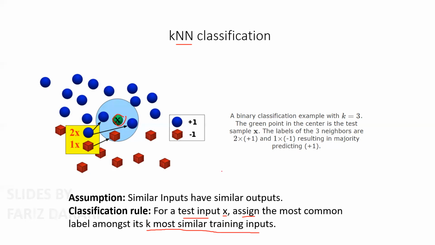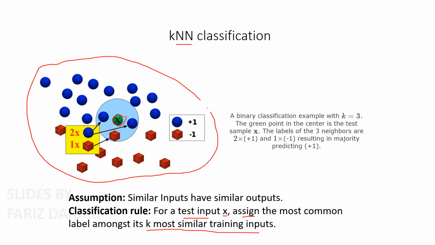So I think it's easier to explain with an example. Let's say this is our data set, and we have the training data. This is classified as red and cube shape, and this is classified as blue and ball shape, right?